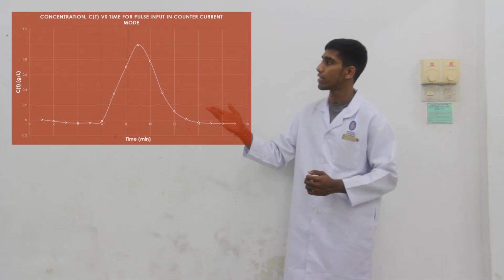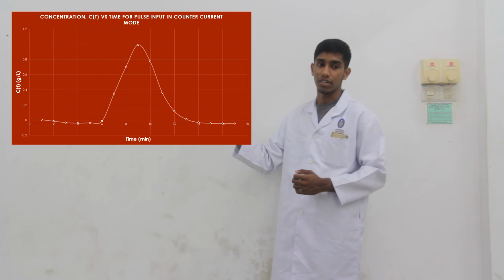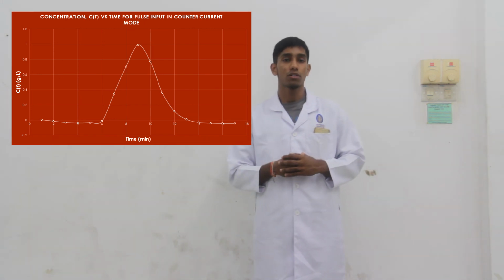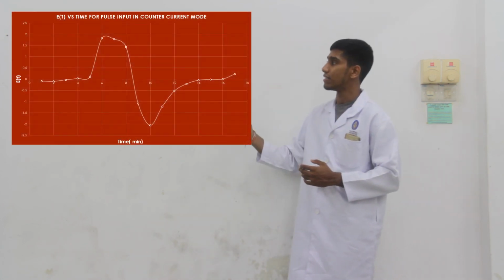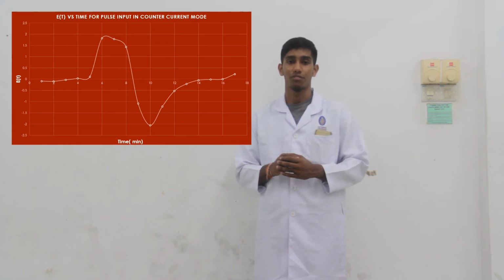This is the graph of concentration against time for pulse input in counter current flow. Next, you can see the graph of E(t) against time for pulse input of counter current flow.